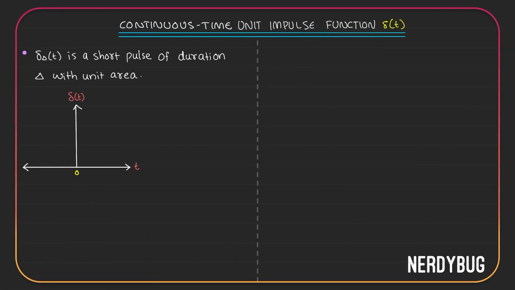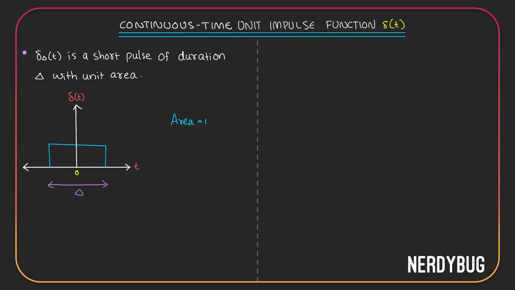Consider a function that is a short pulse of duration delta with unit area. I'll show you on the graph. Let's say this is a pulse and its area is equal to 1. Meanwhile, its width is delta. Now, if I want to decrease the width of this pulse but keep area 1, what should I do? Obviously, I have to increase the height.